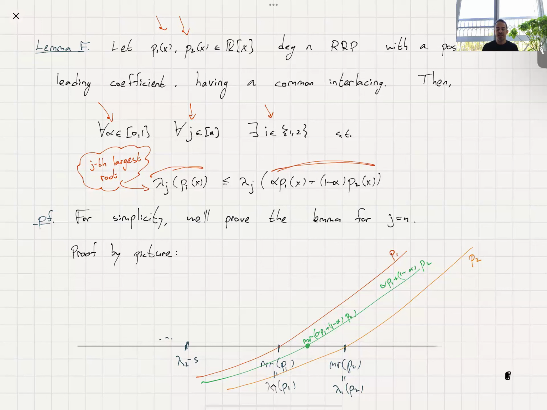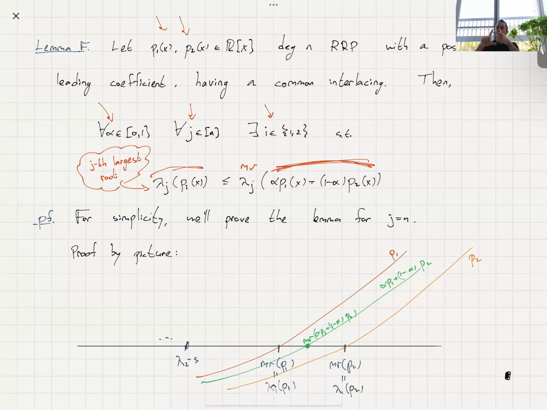Right, so what I'm saying here is exactly what we wanted to have all along. I know a bound on the max root, say, but for any lambda j, if you want, of some convex combination of the polynomials, and I want to infer a bound on the corresponding root of one of these polynomials.